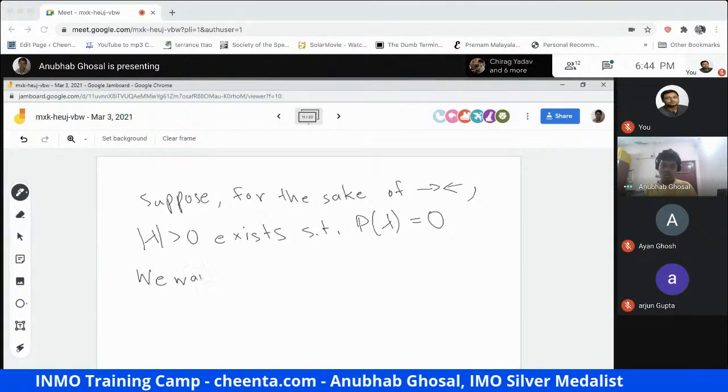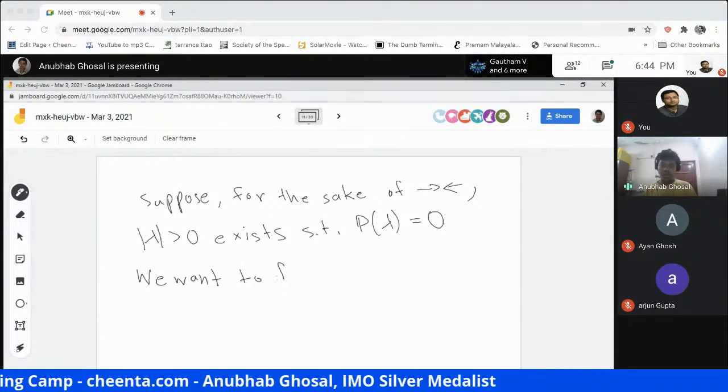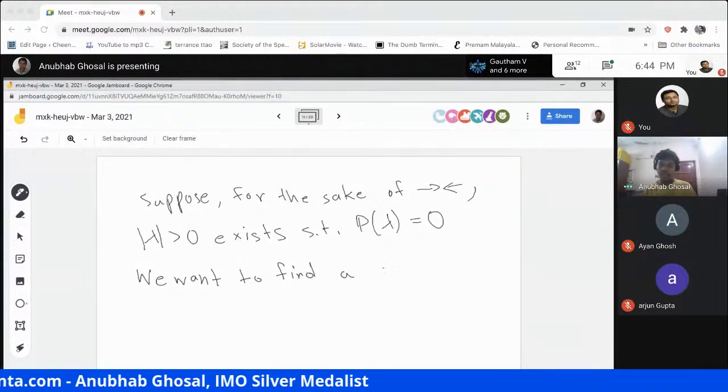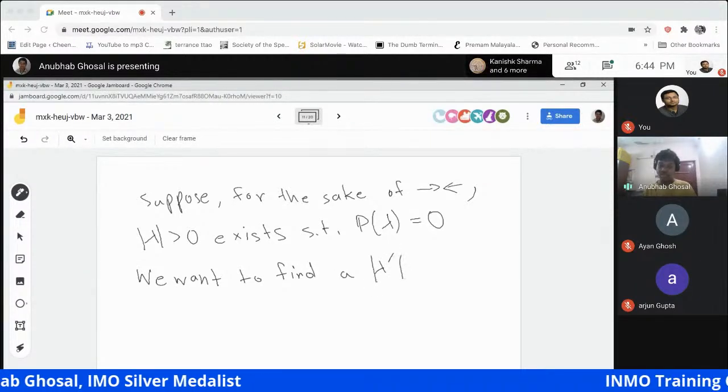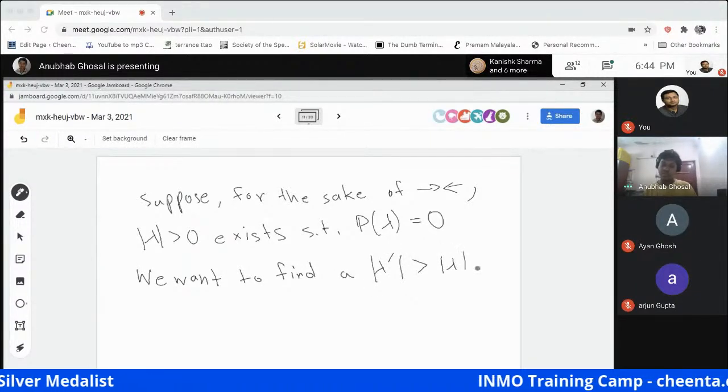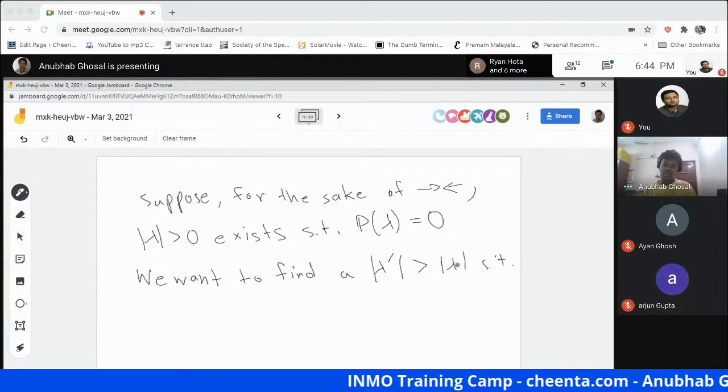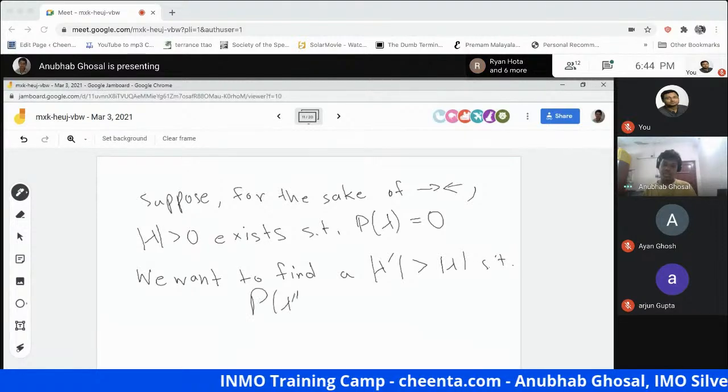We want to find a lambda dashed with modulus greater than lambda such that p of lambda dashed equals 0.